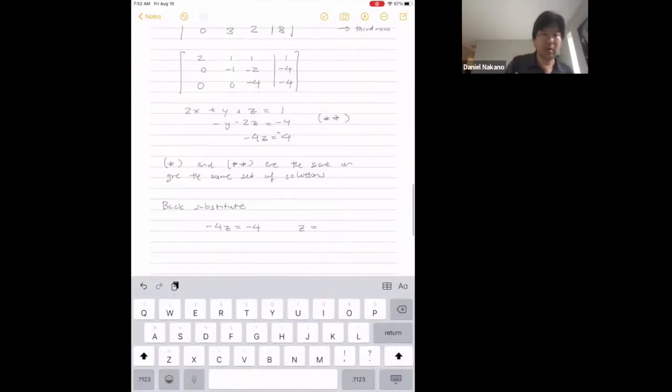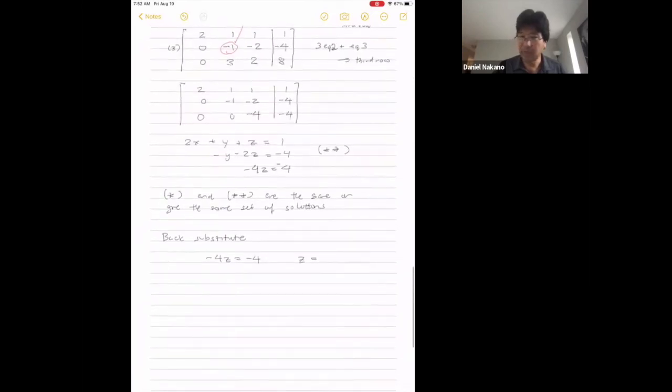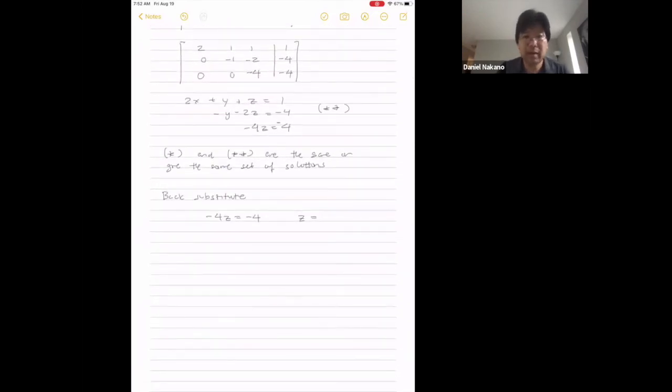Okay, so we're back now to a situation where we have to back substitute. We have -4z is equal to -4, so z is going to be equal to 1. That's one thing we know automatically. We've used this equation so far, and now we go back to the equation above this.